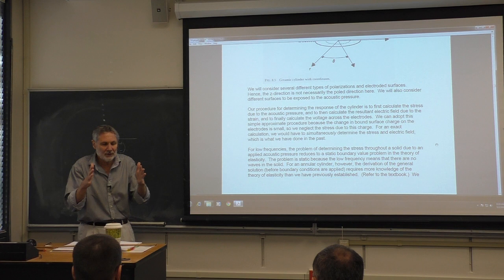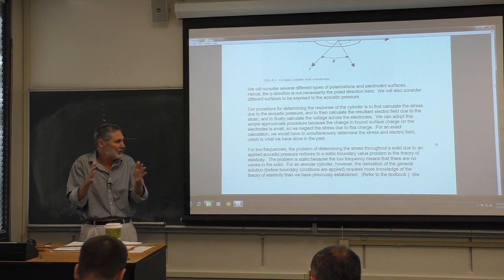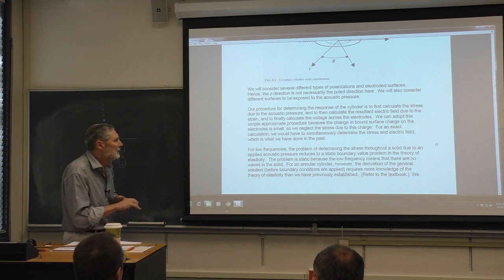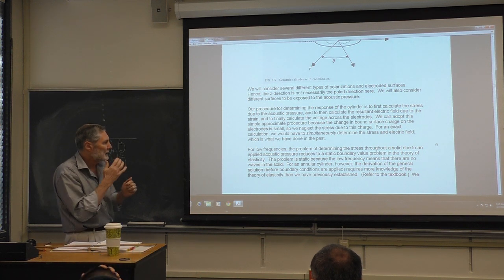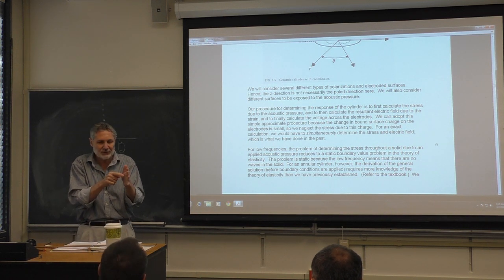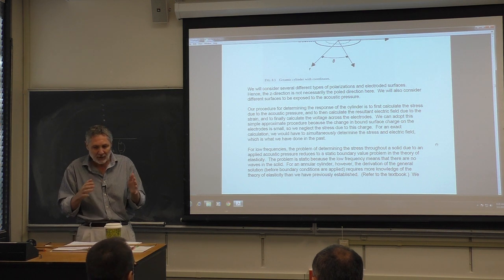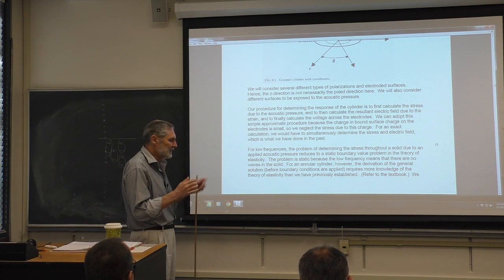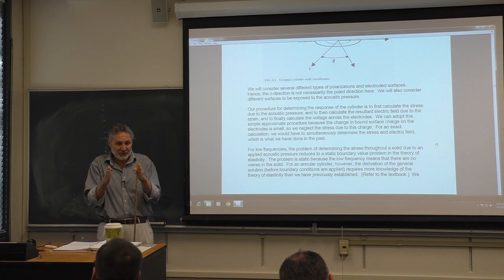But let me just remind you that when we subject it to this oscillating pressure, the problem of determining the stress throughout the solid is a quasi-static problem, because we're way below any resonance here. We can treat this quasi-statically. So the fact that we're doing this at some frequency doesn't make any difference from just doing it extremely slowly.